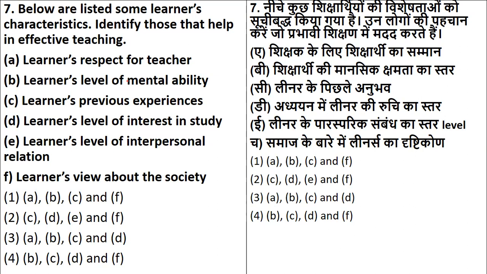So when we talk about the characteristics, which characteristics will be helpful in effective teaching? So what should a learner possess? A respect for teacher, level of mental ability, previous experience, level of interest in studies, level of interpersonal relationship, or learner's view about the society.